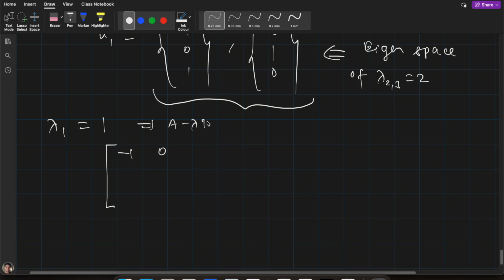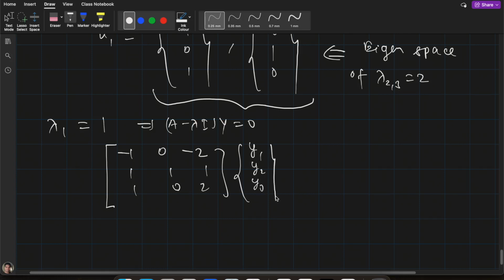A minus lambda I x. This time I will assume it y equal to 0. So you will get 1 0 minus 2, 1 1 1, 1 0 2, times y1 y2 y3, equal to the 0 vector.